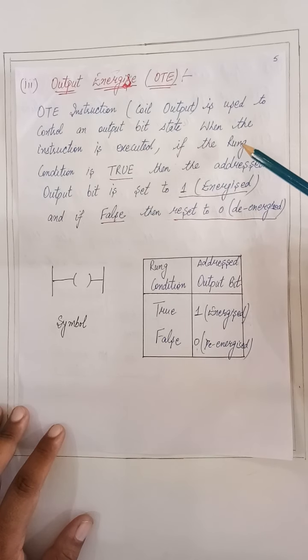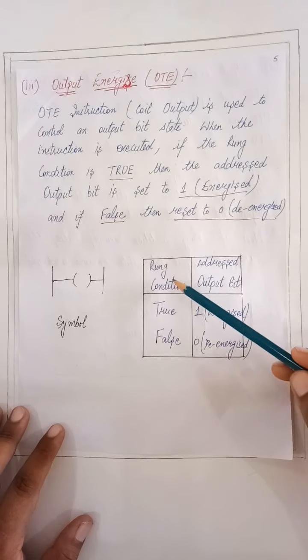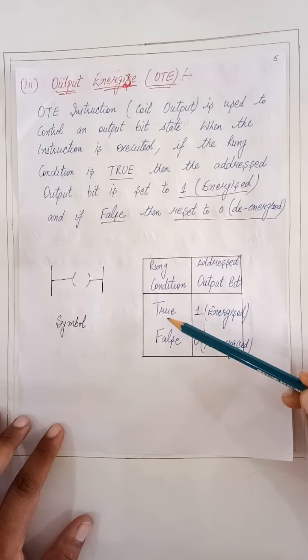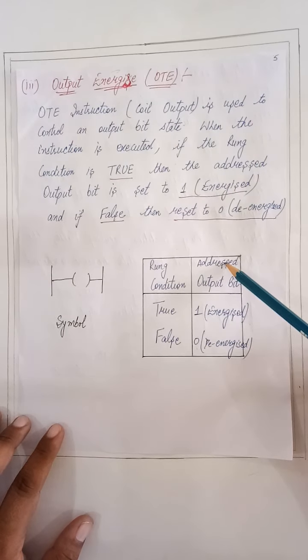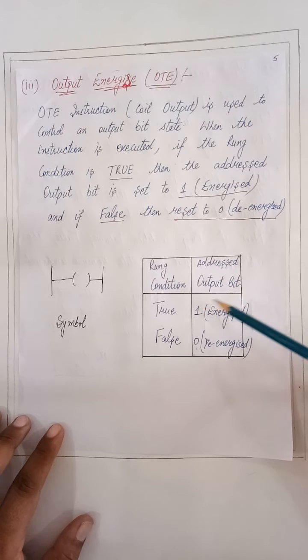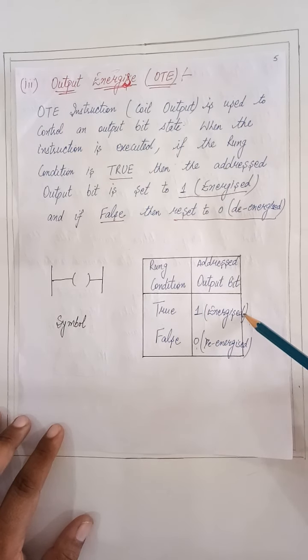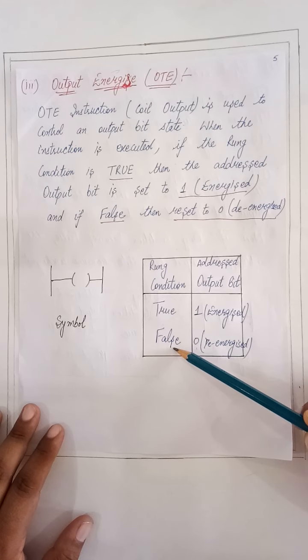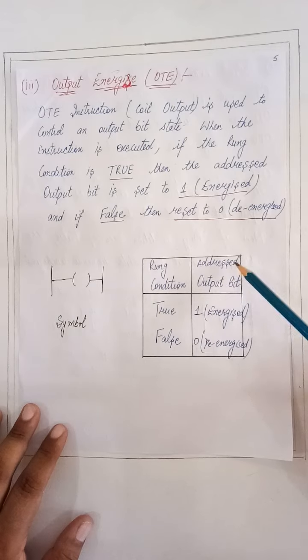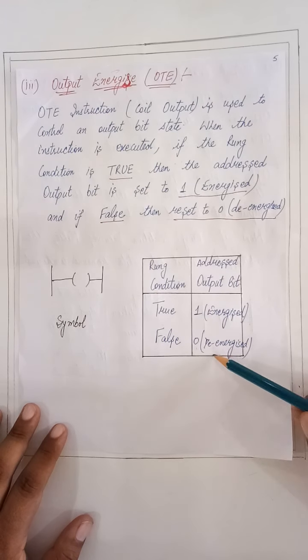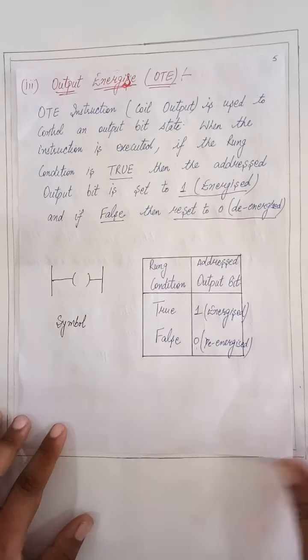When the instruction is executed, if the rung condition is true, then the addressed output bit is set to 1 or energized. And if the rung condition is false, then the addressed output bit is set to 0 or de-energized.